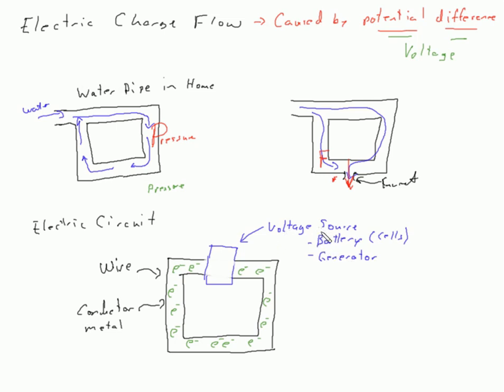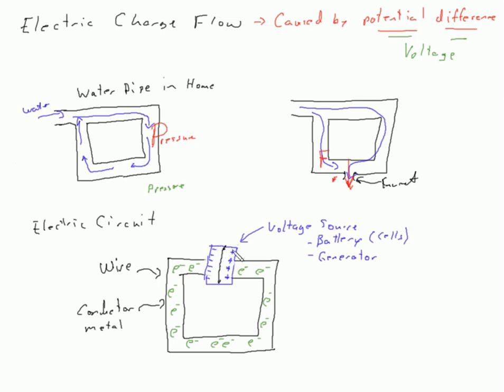And what that voltage source does essentially is it provides a buildup of charge, positive at one point, negative at a different point. And the whole voltage source is neutral, and somehow, depending on the different types of voltage sources, there's a separation between where the positive and negative are within the voltage source. So the positive can't get to the negative, they stay separated out. So we have this potential difference.